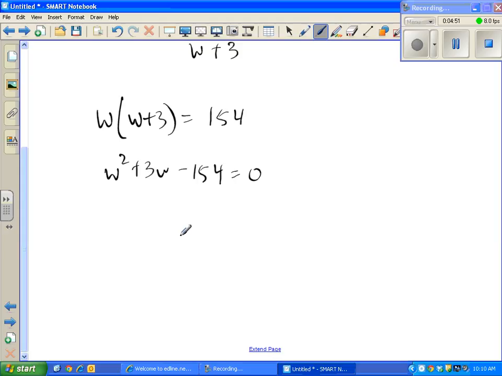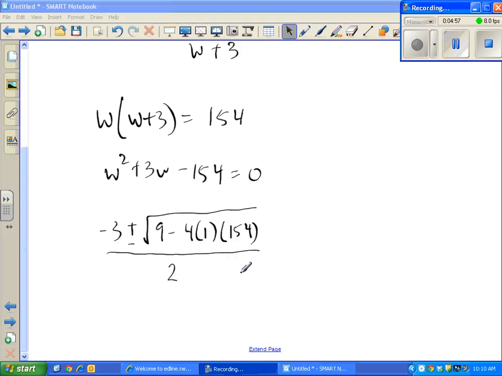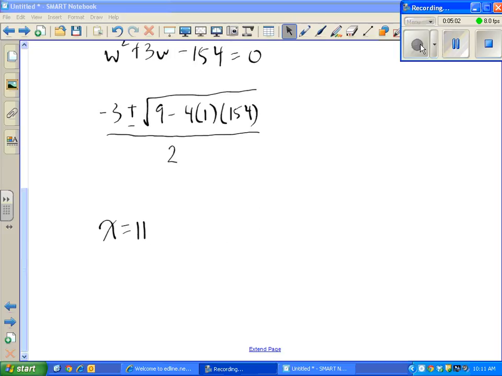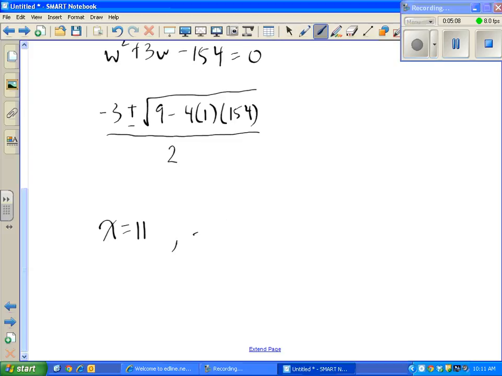So from here we can factor or we can use the quadratic formula. Again, I'll use the quadratic formula. There's the first step. I did that kind of fast to save some time. Here's one answer, and here's the other answer.